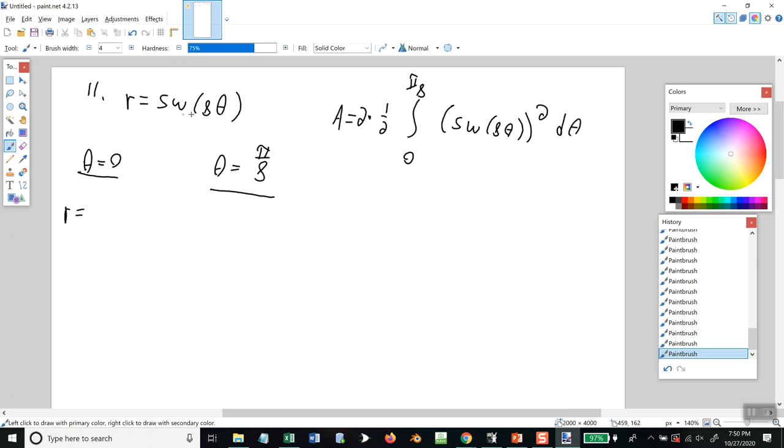If I plug that in, I get sine of 8 times 0. 8 times 0 is 0, sine of 0 is 0. Okay, that makes sense. It's starting out at the origin, at the pole. They call it that for polar. And if I plugged in pi over 8, the 8s would cancel, and I got sine of pi, which is 0. So it's back to the origin.